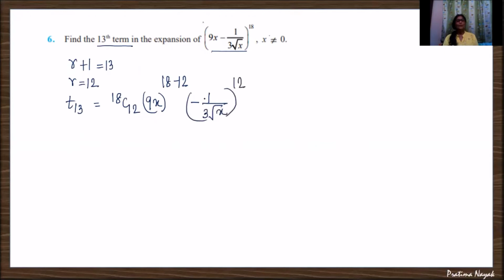The expression is easy, the only thing is you have to simplify. So this will be 18C12, 9 to the power 6, x to the power 6. Multiplied by negative power 12, an even number, so it will be positive: 1 by 3 to the power 12 into root x to the power 12.